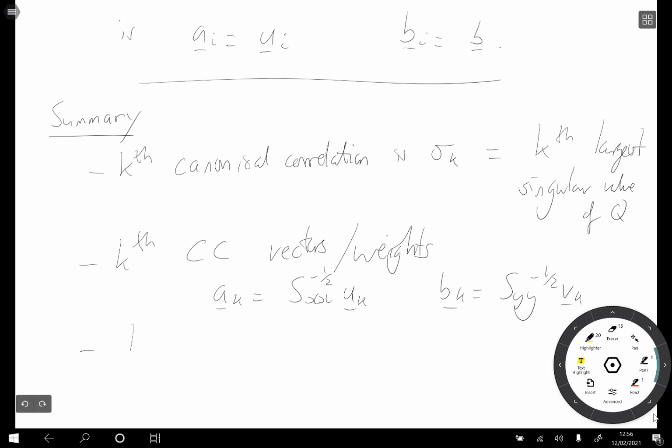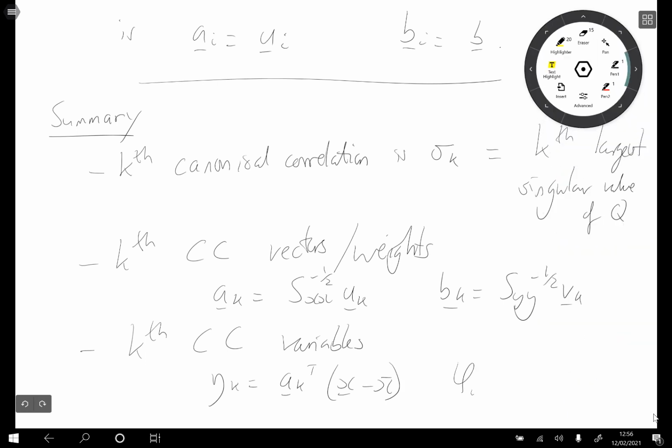And we've got the kth canonical correlation variables, which are eta_k, which is A_k transposed (X minus X bar), and psi_k, which is B_k transposed (Y minus Y bar).